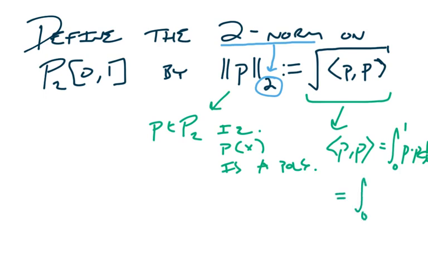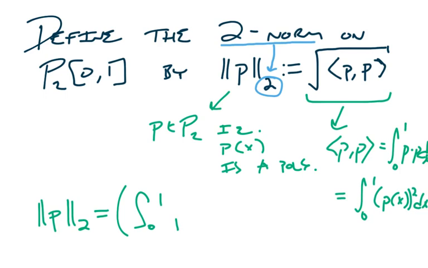In other words, this is the integral from 0 to 1 of P of x squared dx. And so the magnitude, the 2 norm of P, is the integral from 0 to 1 of P of x squared dx, and then it's under a square root, which I'm going to rewrite as a 1/2 power.